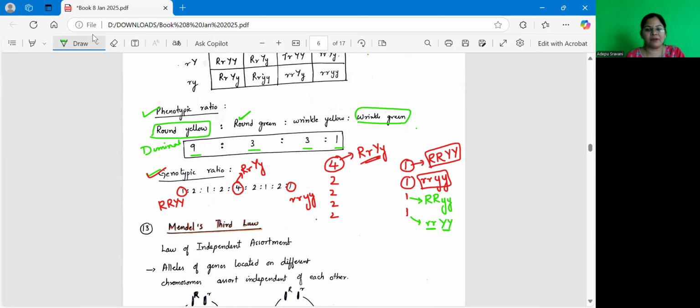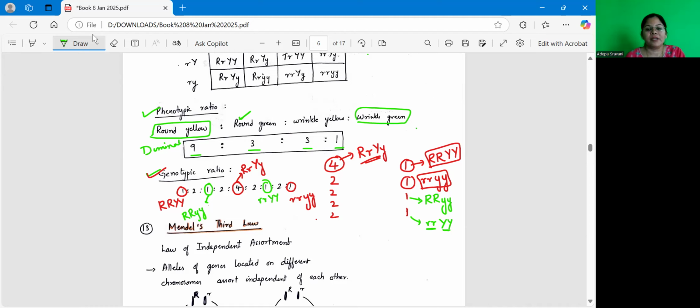Small r, capital Y. So whenever we have homozygous condition asked in the genotype, it will be always 1. Clear? So this one, let us say, is capital R, small y, and this is small r, capital Y.